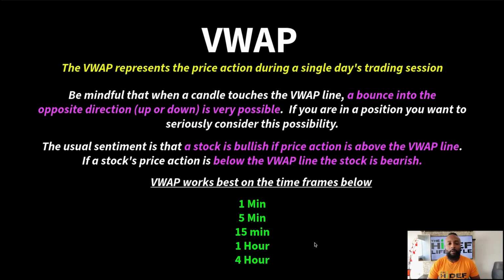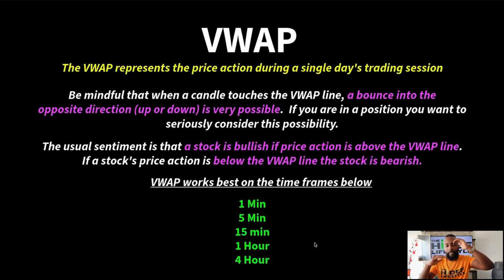VWAP. All right. The VWAP is going to represent the price action during that day's trading session. Now, as I talked about in the example in the video, if you're in a position and price action is starting to approach your VWAP line, just be mindful that things could bounce. So let's say this is VWAP and price action is up here.